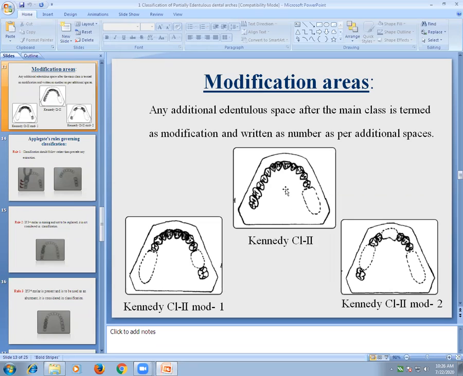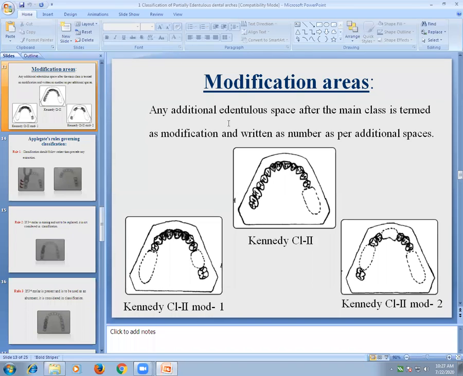Actually, this classification comes under Kennedy's class 2, that is a single unilateral edentulous area, anterior to which there are teeth present. And in this arch, here you can see on one side there is class 2, and here also an edentulous space is present. That is why modification 1 is written here. Kennedy's class 2 modification 1.